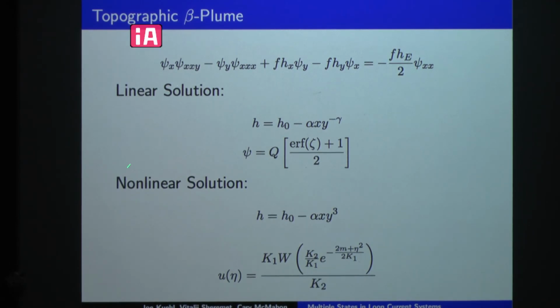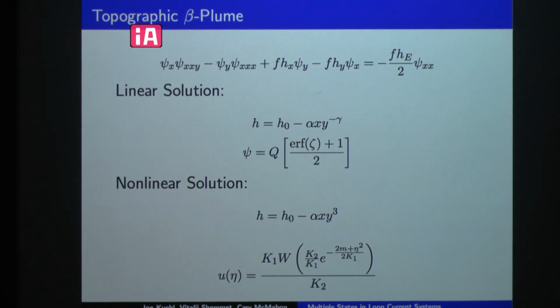Interestingly, we found two new analytic solutions. So there's a GRL paper where we basically crossed off the nonlinear terms. This looks a lot like a heat equation. It turns out if you look at topographies like this, so this is basically a straight slope, that's alpha x, and then the y direction is our downstream distance.